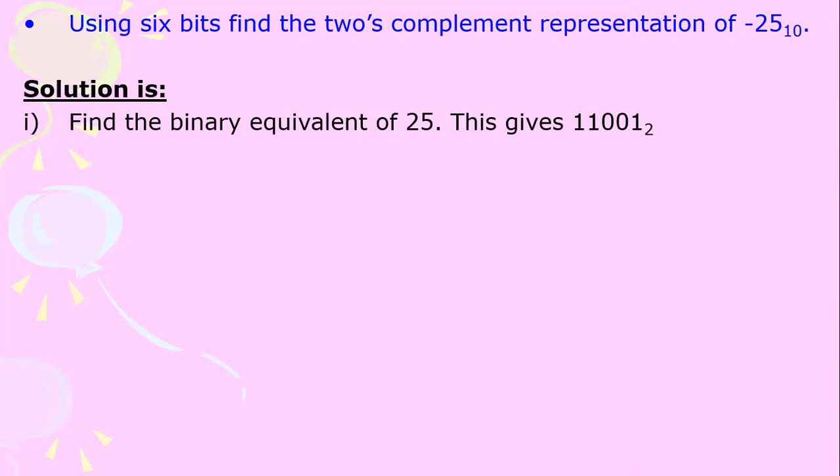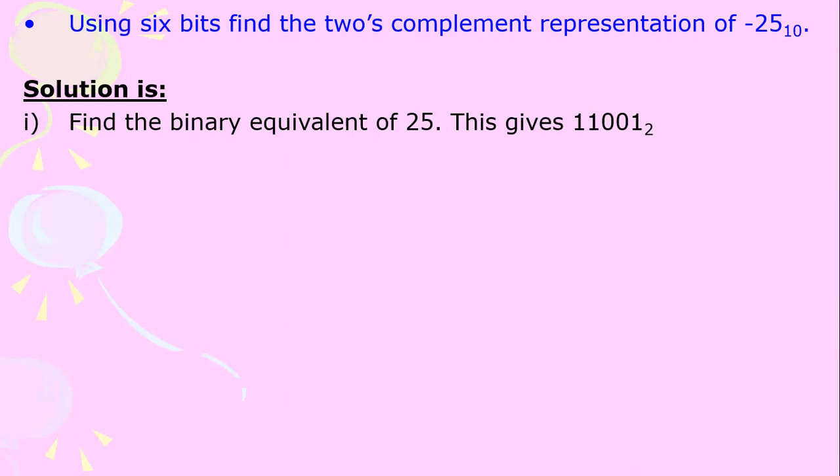Let's see or compute another example. So using 6 bits, find the 2's complement representation of -25 decimal. So how do we proceed? Number one, we find the binary equivalent of 25.